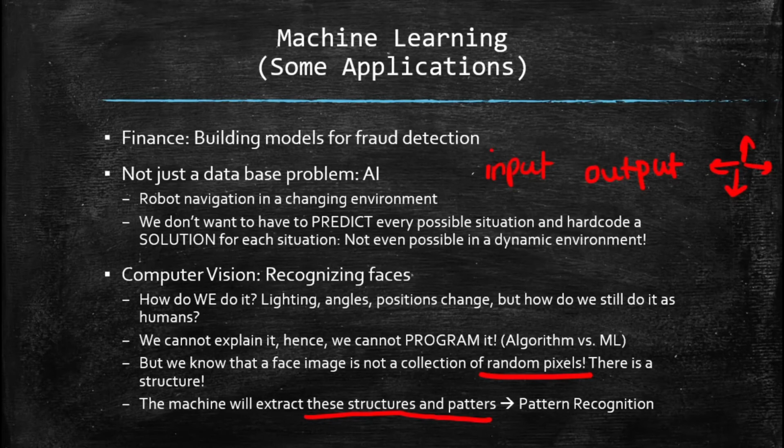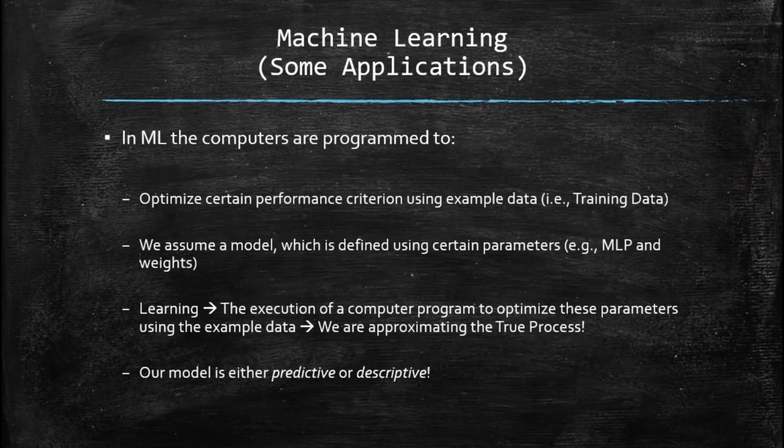Remember, again, I'm emphasizing this, there is a true function g that we are trying to estimate, to approximate using the machine learning techniques available, using our data, okay? So that is not going anywhere. That is machine learning in its nutshell, okay? So in machine learning, the computers are programmed to, number one, optimize a certain performance criterion using example data or the training data.